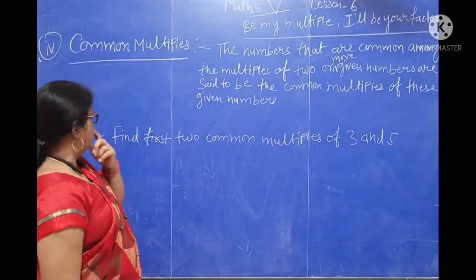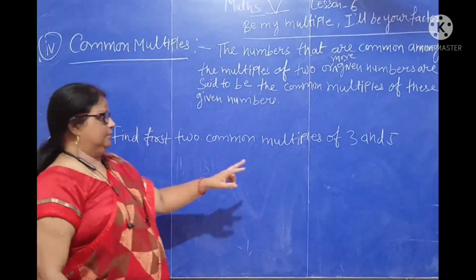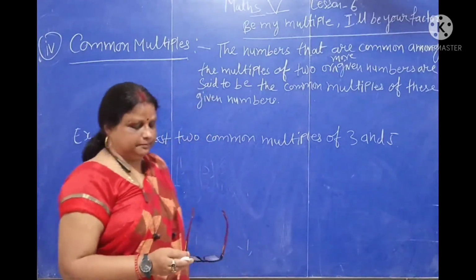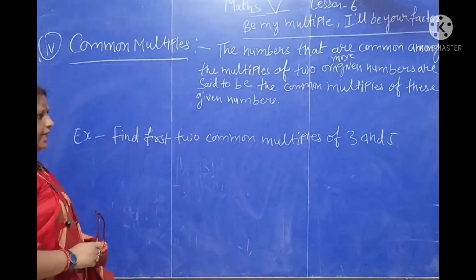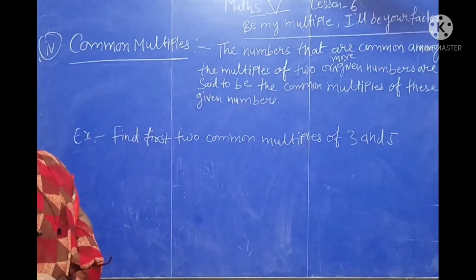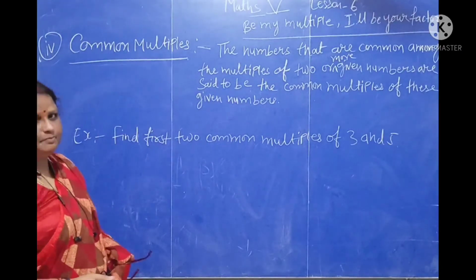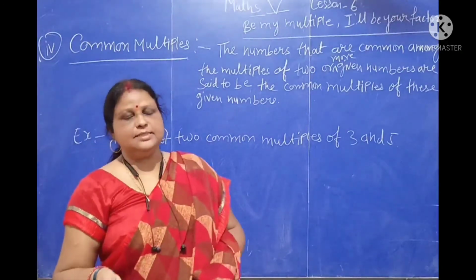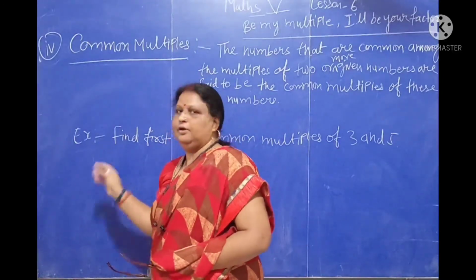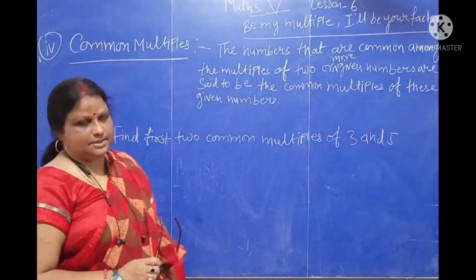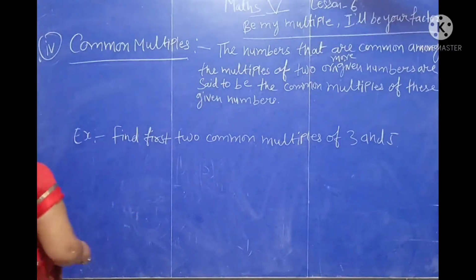It means we have to find two common multiples of 3 and 5. What will we do? First we write the multiples of 3 up to 10 times. Of course, each number has unlimited multiples, but in this example, we will write up to 10 times.